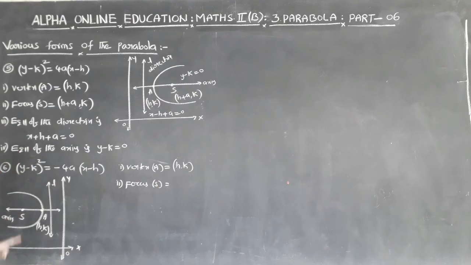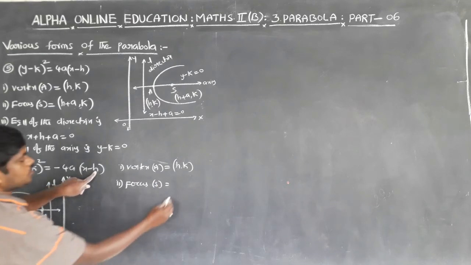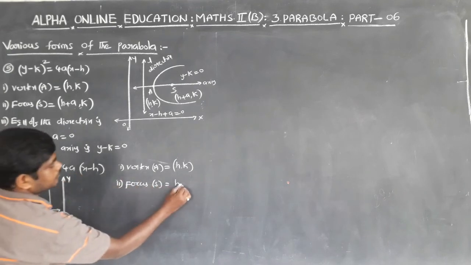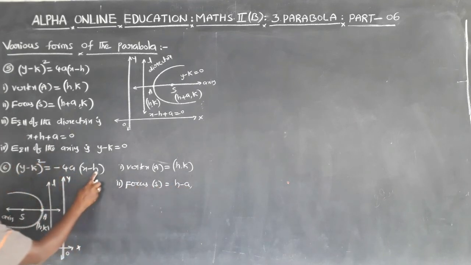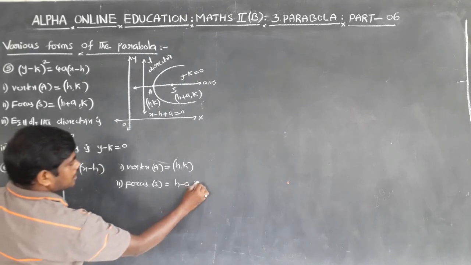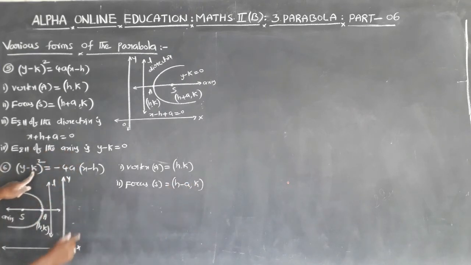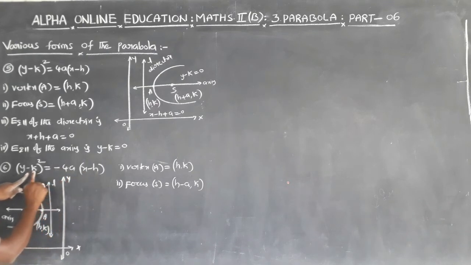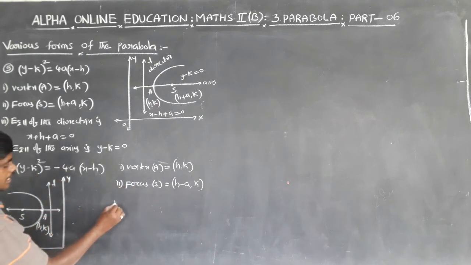Focus S is equal to h minus a comma k. X coordinate is h minus a, y coordinate is k.